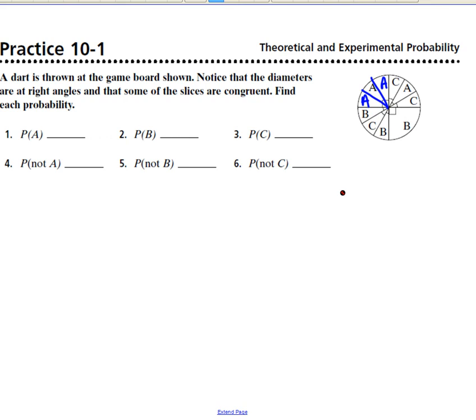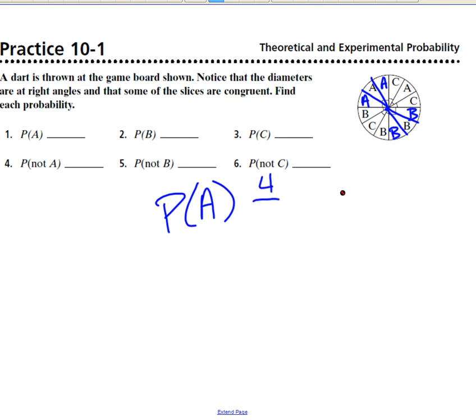We can do the same thing down here, and we would just call these B. So we start. We're looking for the probability of spinning on an A. So how many A's are there up there? 4.